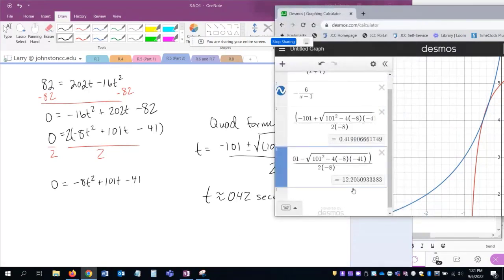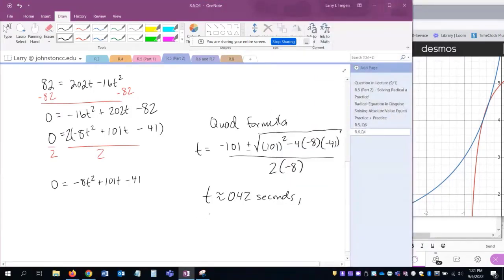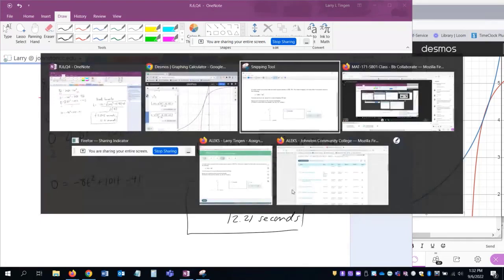And the other one, 12.20, which to two places is going to be 12.21. And you really don't need to write that twice. We have our values here. Units are absolutely necessary because it's an application problem. If you tell me t is 0.42, that's not enough.